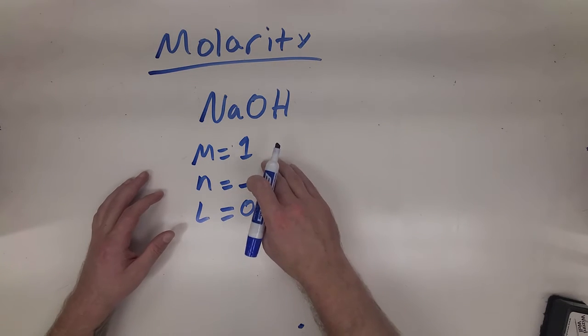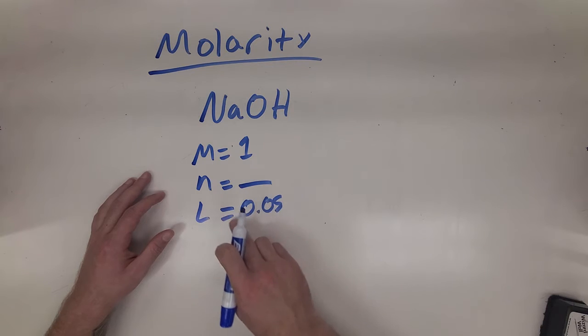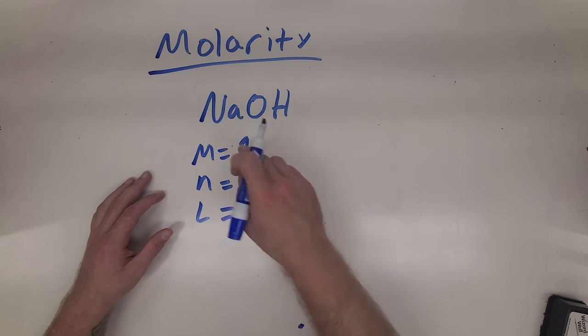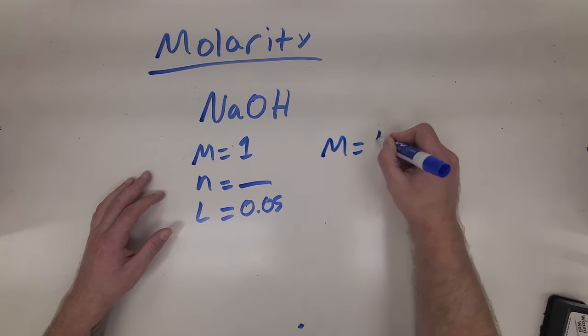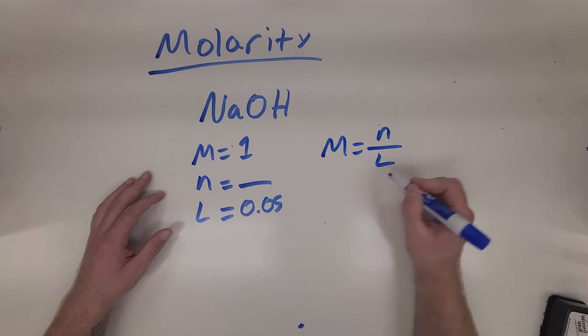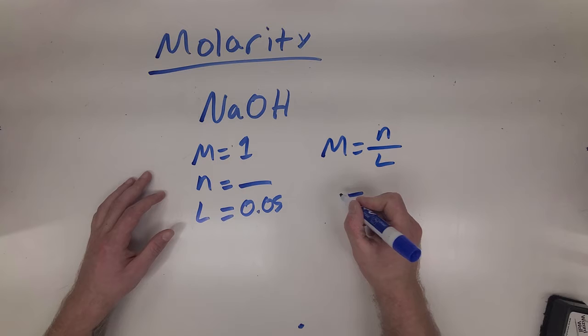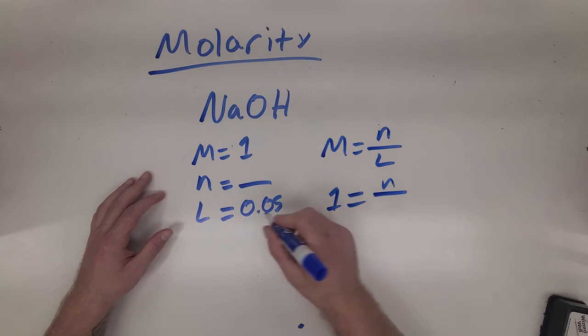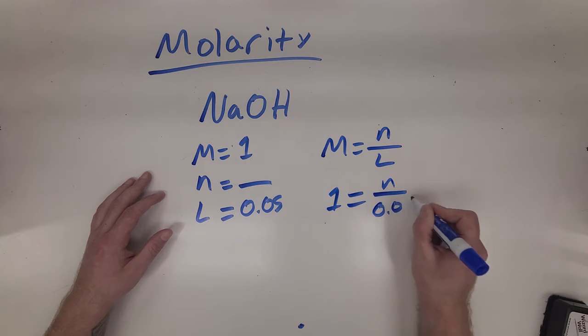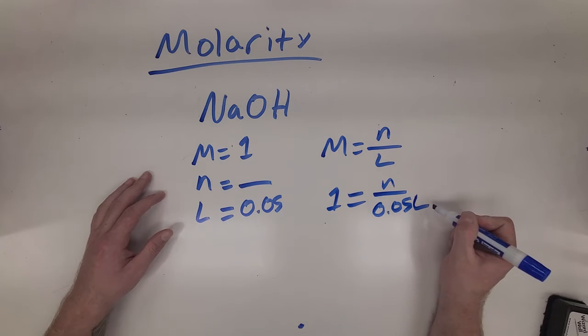So if we want to figure out how many moles would be in this sample of sodium hydroxide at this concentration, let's write out our equation. M equals number of moles per liter. Now 1 molarity is equal to the number of moles per 0.05 liters.